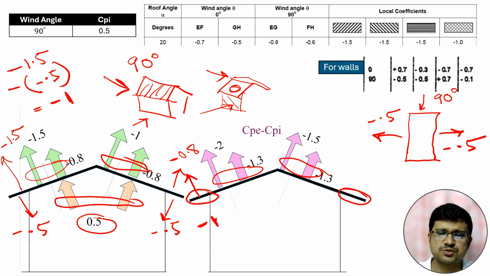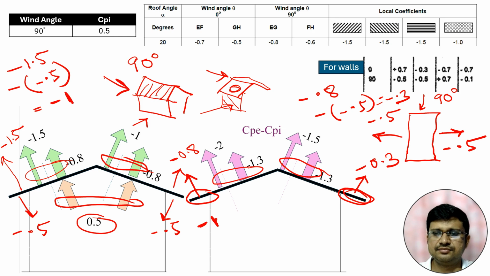At the top it is minus 0.8, same as the adjoining portion, and at the bottom it will be minus 0.5. So it will be minus 0.8 minus minus 0.5, which is minus 0.3. So for this portion we cannot say CP minus CPI, but this is actually the resultant CP, which will be minus 0.3. Here the resultant is minus 0.8.